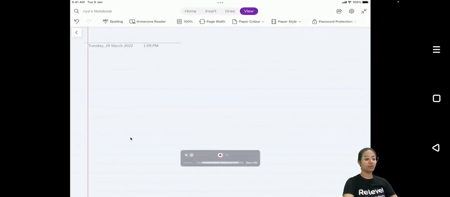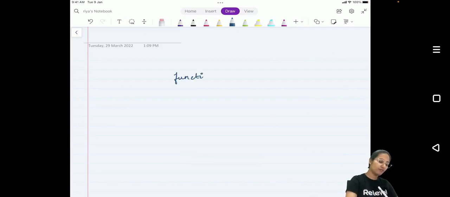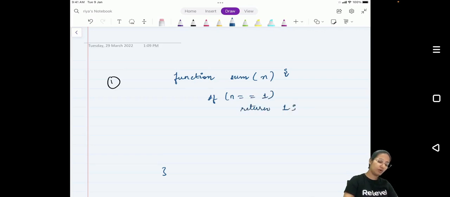Now here, first we'll write down the function again and then do the proper analysis. So if I have a function sum and I am passing a value n to it, we say that if at any point the value of n becomes 1, we return 1.